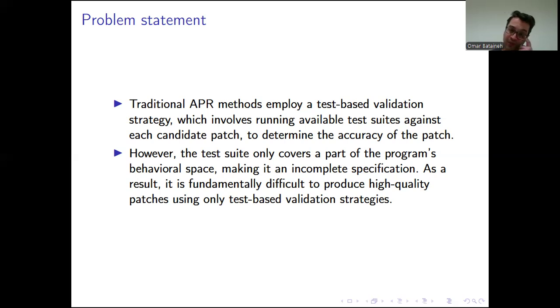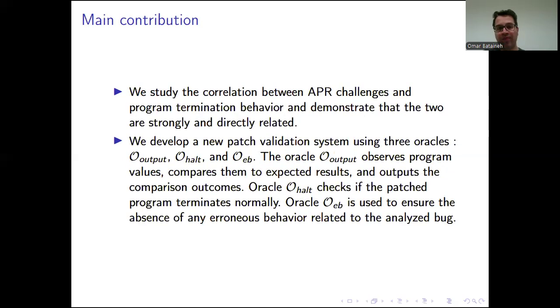You might be able to find a test outside the test suite that makes that patch fail. So how to improve this patch validation process, and how to detect and mitigate the overfitting problem in automated program repair, is the problem that we study in this paper.